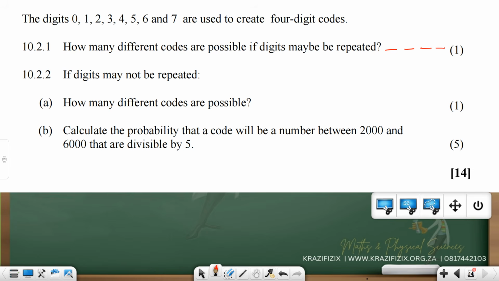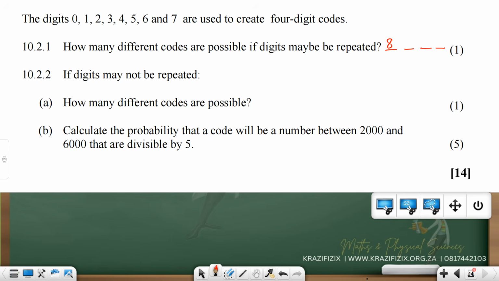4,096. Okay, no, before we get there, what did you multiply? Let's get what you multiplied. 7 to the power of 4. Why 7 to the power of 4? But how many digits do we have? So there are possible 8 digits there, right?